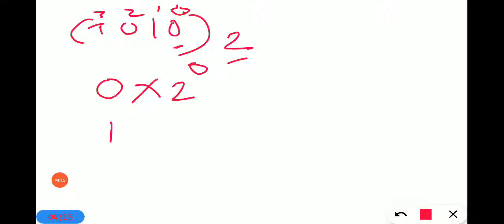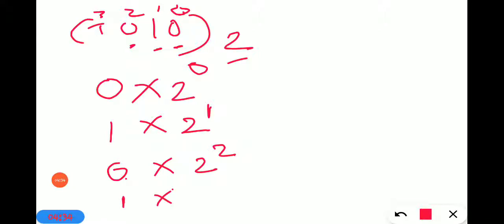Then the second number is 1 into 2 raised to 1. Next is 0 into 2 raised to 2. Then the last number is 1, so write 1 into 2 raised to 3.